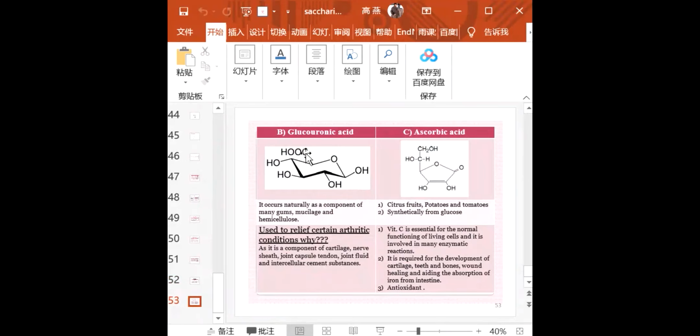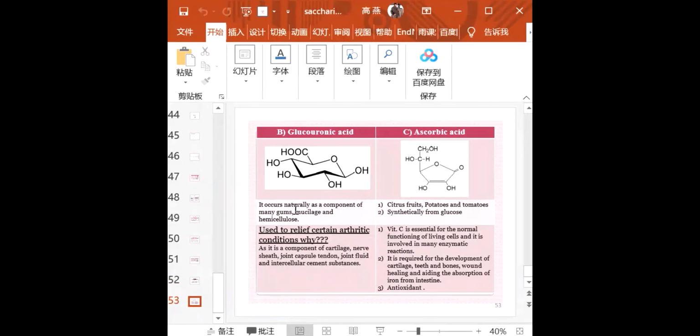Carboxylic group, right? Originally for glucose on the 5th carbon, it is the methanol group, okay? Now it's oxidized to carboxylic group to get glucuronic acid.